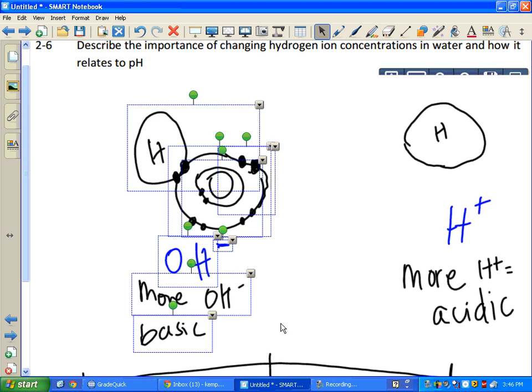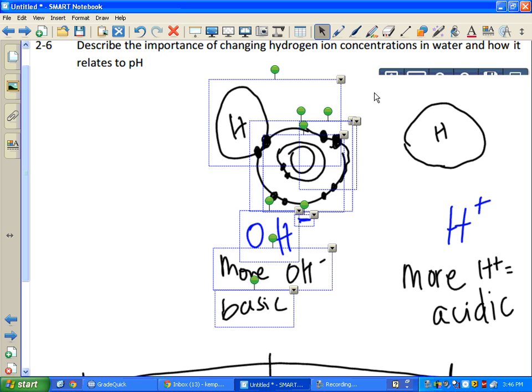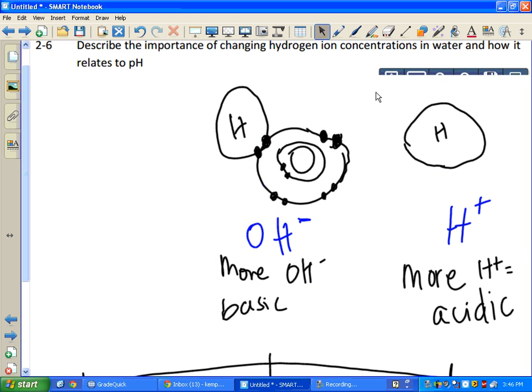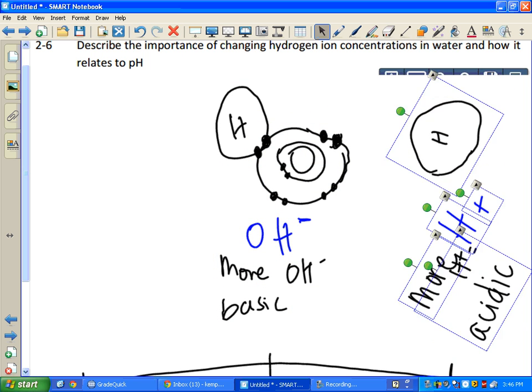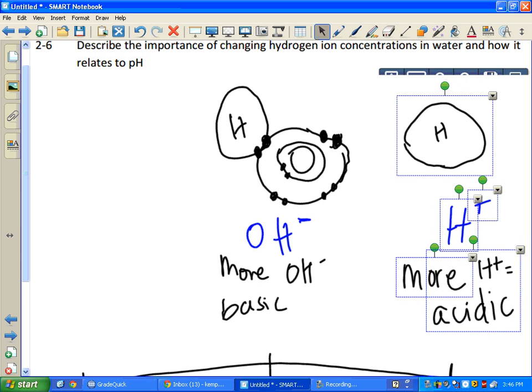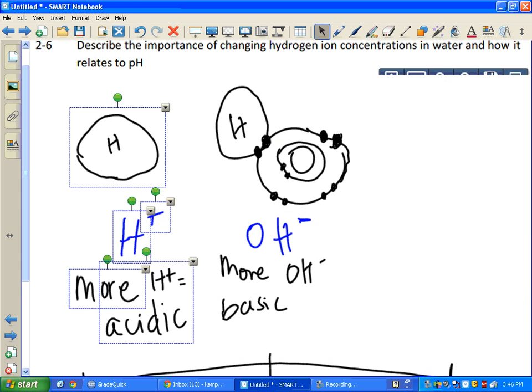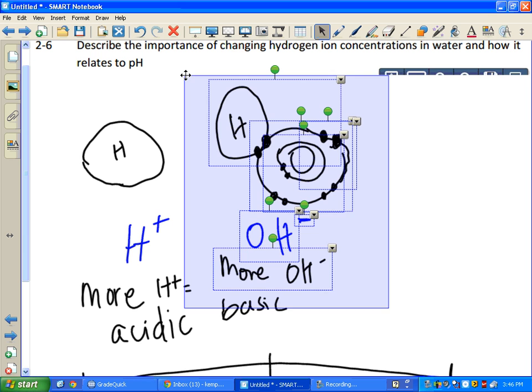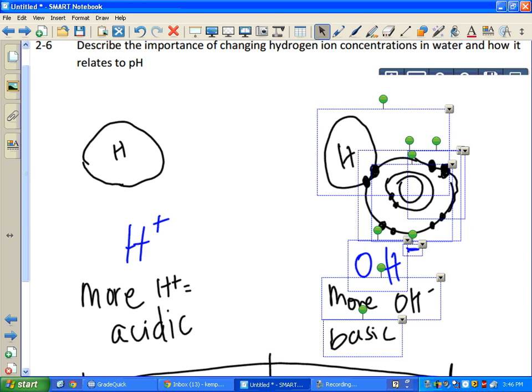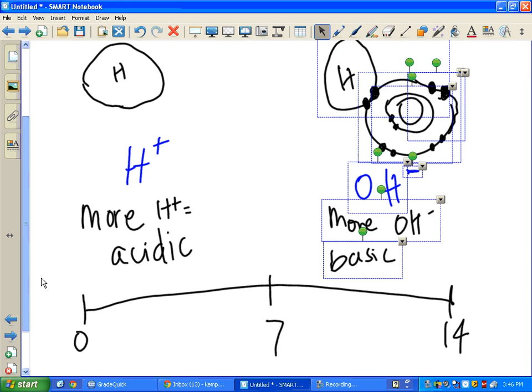So hydrogen ions are considered acidic. Whoa, that was weird. The way that the math works, you don't really have to know.